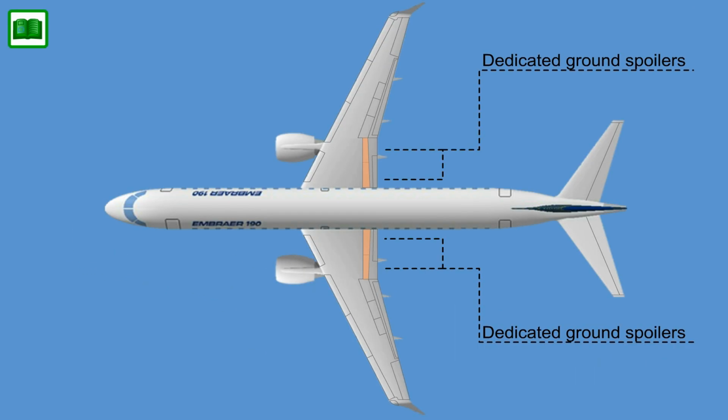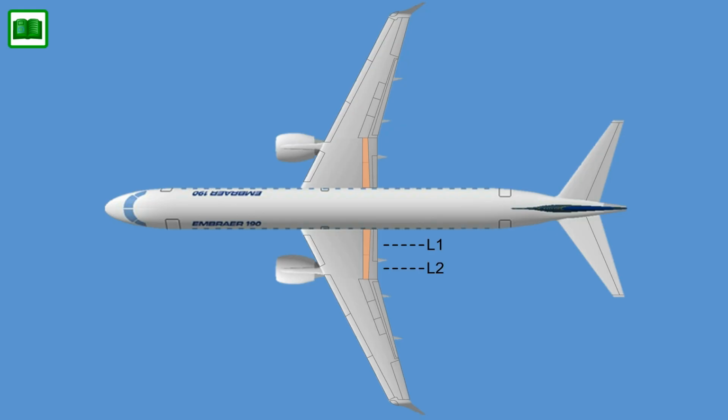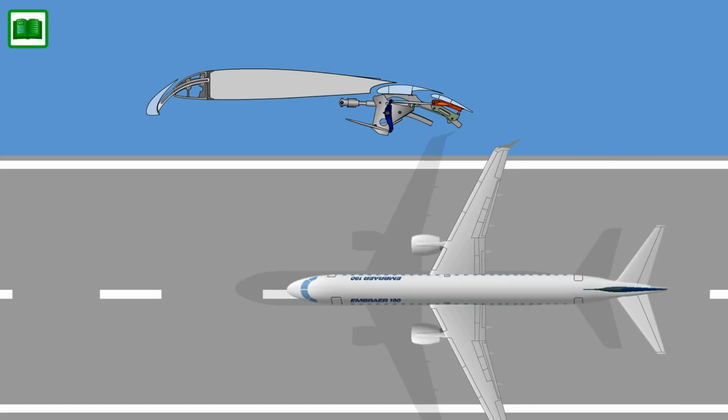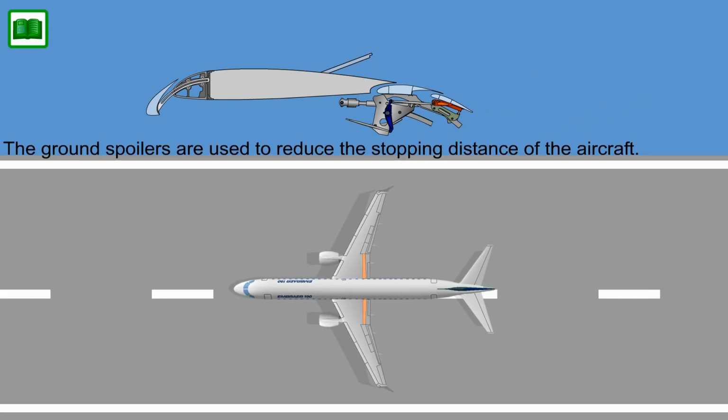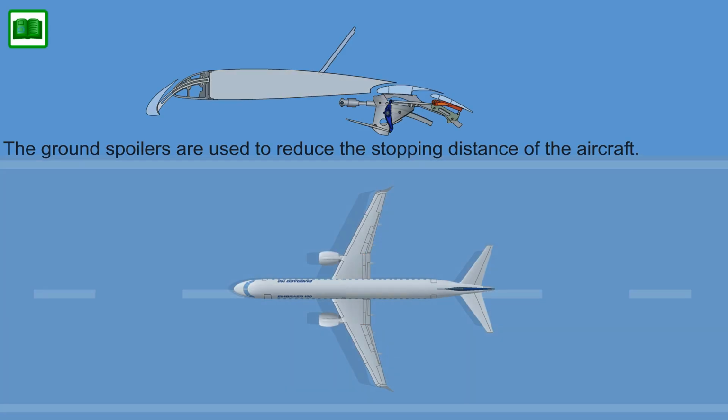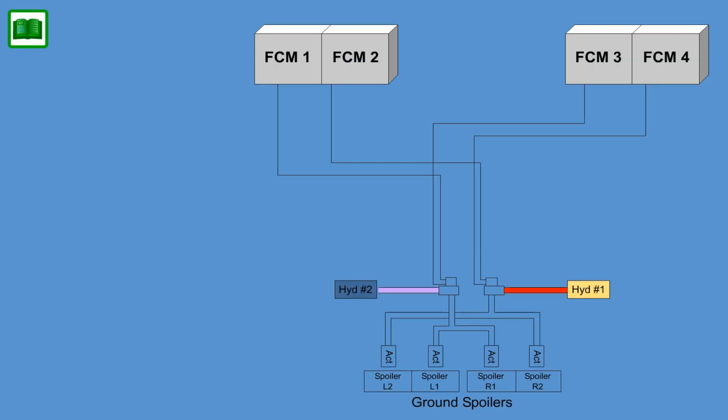The dedicated ground spoiler control system consists of 4 ground spoiler panels, 2 on each wing, numbered L1, L2, and R1, R2. The ground spoilers are used to reduce the stopping distance of the aircraft. The outboard spoiler pair is supplied by Hydraulic System 1, and the inboard pair by Hydraulic System 2.